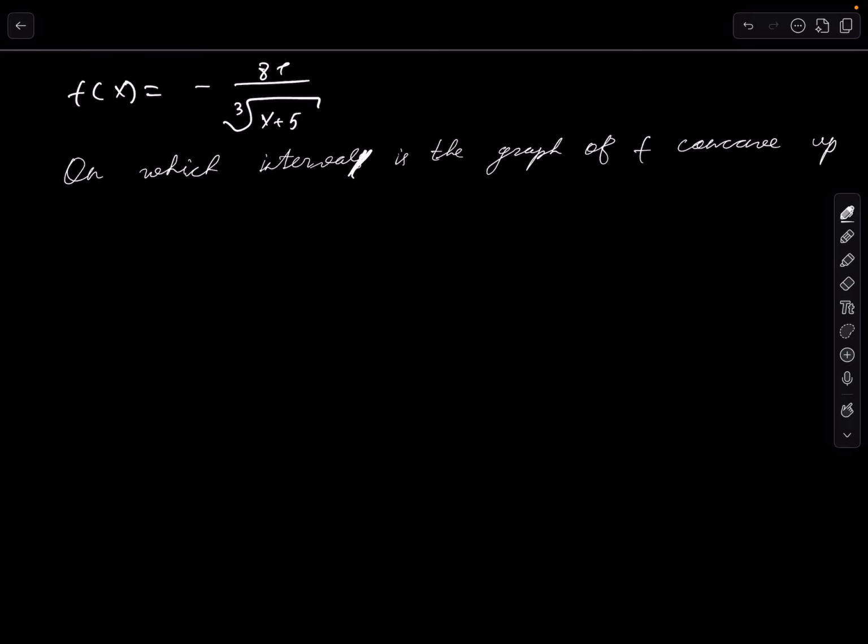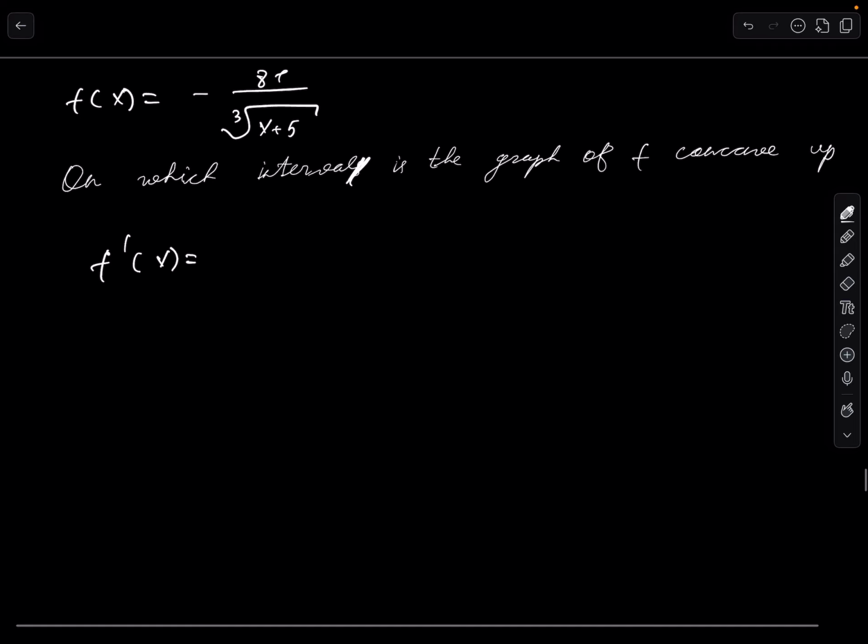Well, again, we have to find the second derivative, for which we would need the first derivative. Let's figure it out. Here we will use the quotient rule, and I guess a little bit of a chain rule in the process. Well, the derivative of the first function, which is a constant, should be 0. Well, we're not going to care about this part.